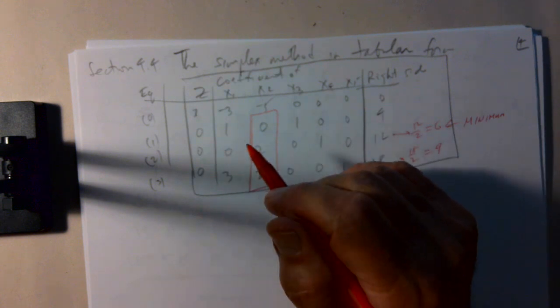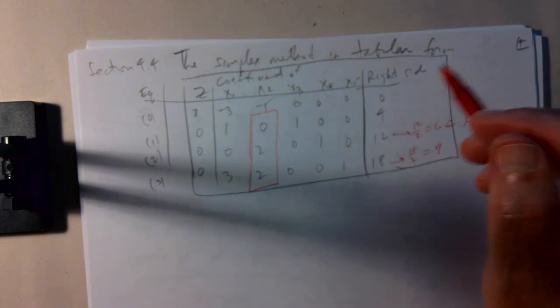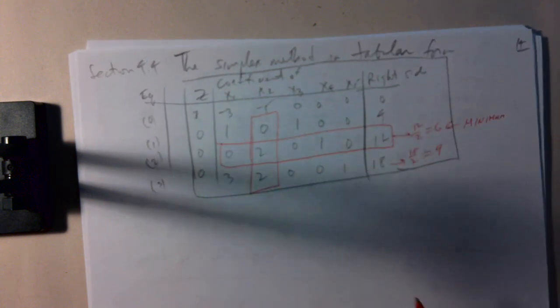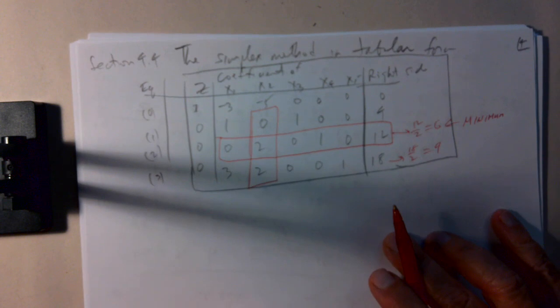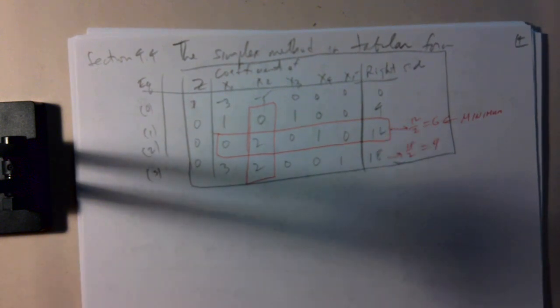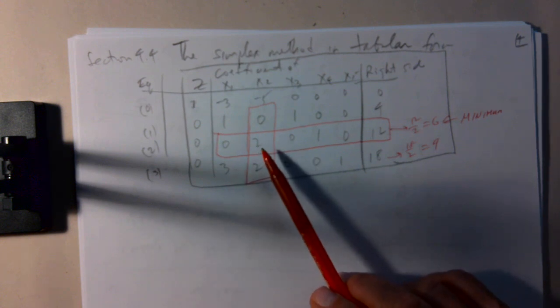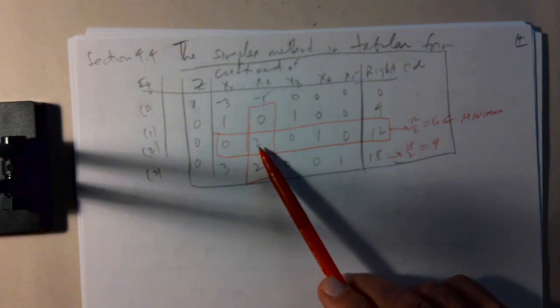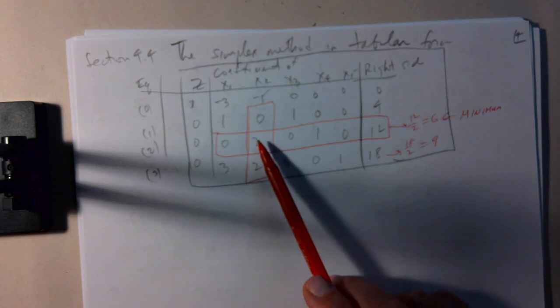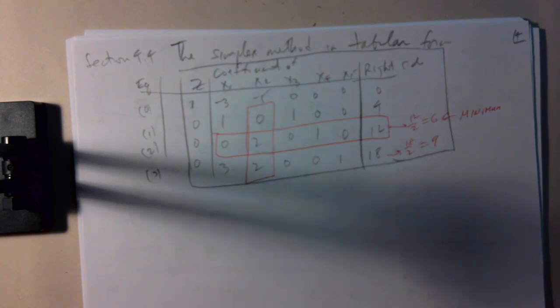So this is the row in which you have the minimum ratio of right side to coefficient of the variable. And what I want to do in this column, using elementary row operations, you can multiply an equation by a constant. You can add or subtract a multiple of one equation to another. I want this to be a 1 and these to be zeros.